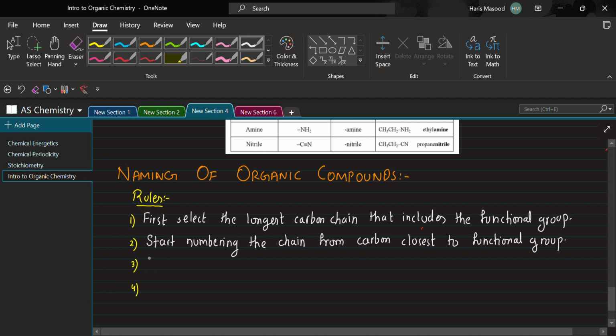If the same functional group is present, use di or tri.